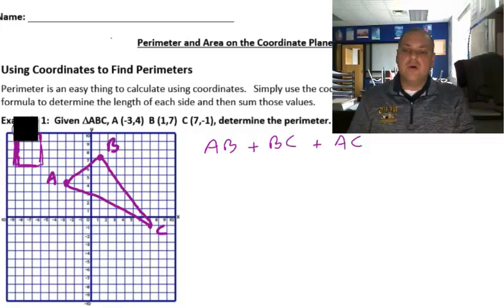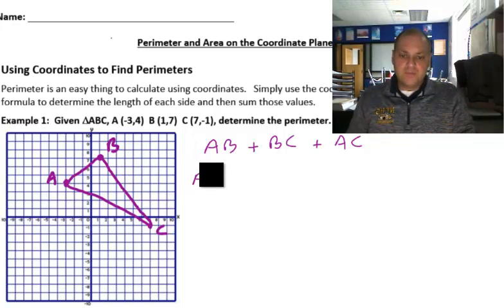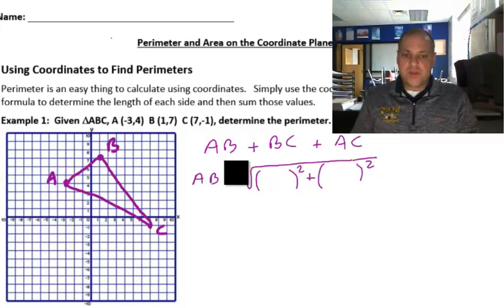So what we have to do is use the distance formula to find the distance between 2 points. That's going to be the length of the segment. So I'm going to do AB equals, okay, distance formula. So that's going to be the square root of x2 minus x1 squared, plus y2 minus y1 squared. We should know this by now.